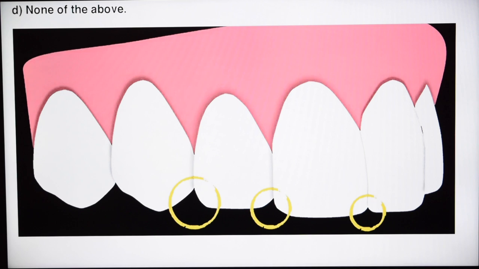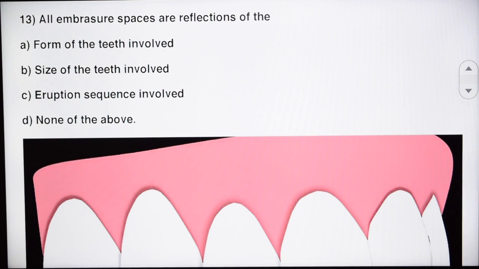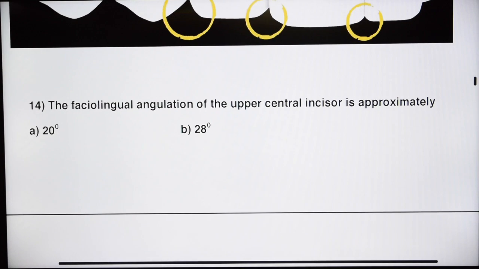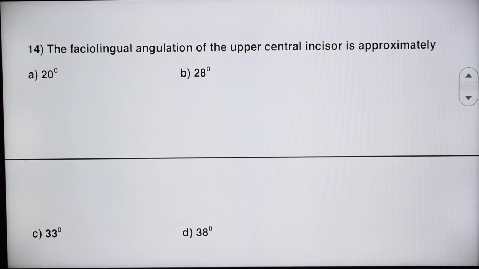So based on the contours of the teeth, we are getting these particular embrasure shapes, right? So option A is appropriate, form of teeth involved, right? And also we have different embrasures like a facial embrasure, lingual embrasure, and also we have occlusal embrasure and gingival embrasure, right?